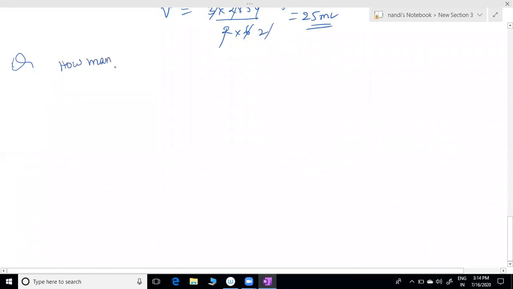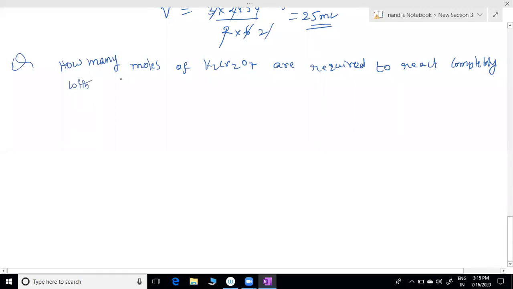How many moles of K2Cr2O7 are required to react completely with 2.5 mole of Cu2S in acidic medium?